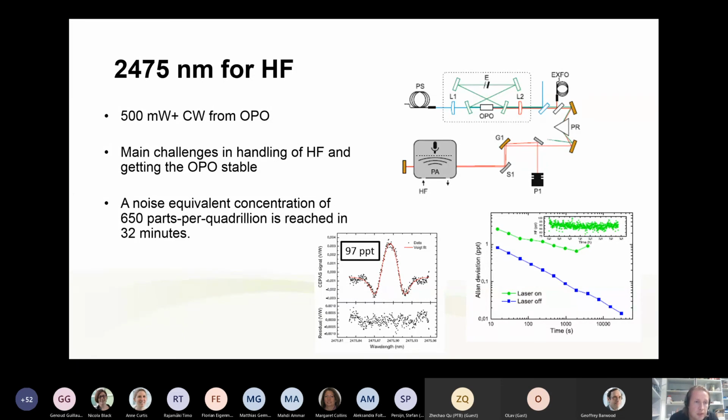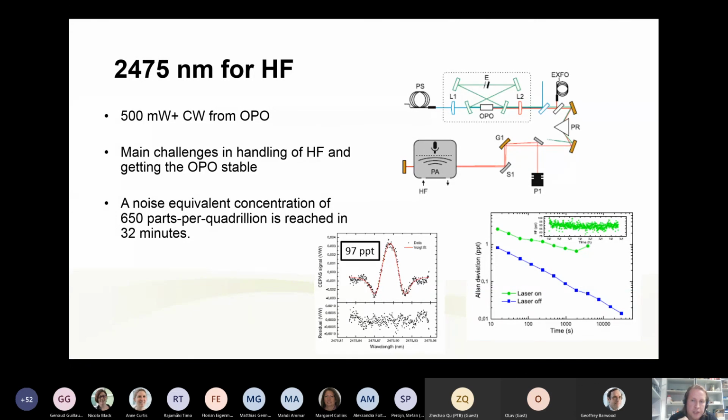This would be 0.65 parts per trillion in 32 minutes. It's already quite a long time, but still it's sub-ppt. There's a pretty large difference if you again look at the Allan plot, depending on whether the laser is on or off. The blue curve is close to what I would call the technical sensitivity limit achievable with this technology.